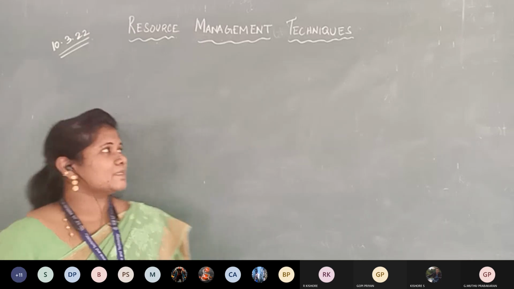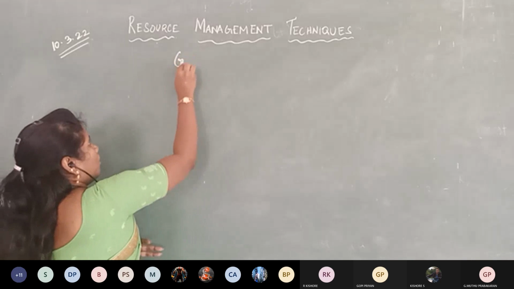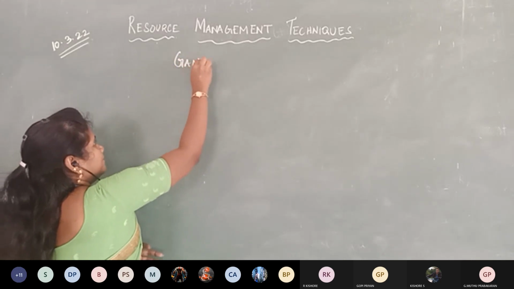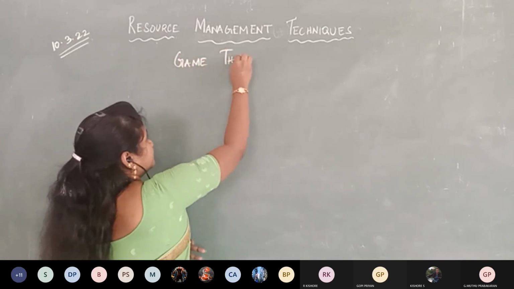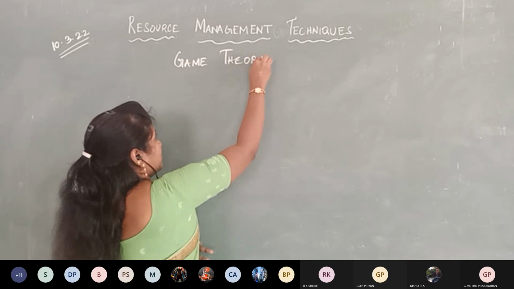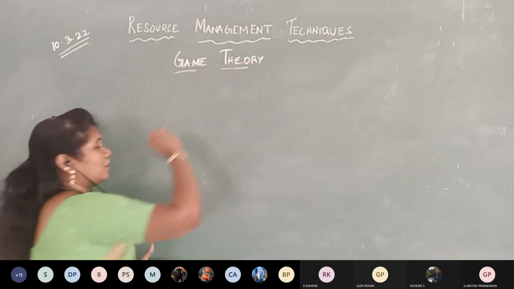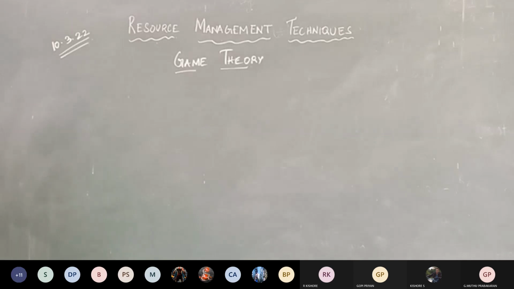Write your heading as game theory and we will go on to the definition of game. According to your syllabus, this is your last unit. So, what is a game?